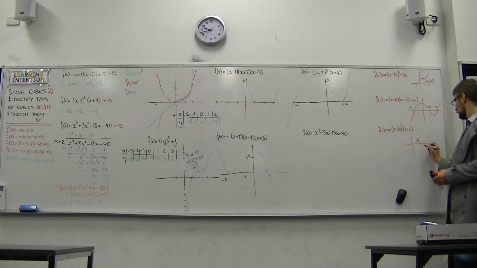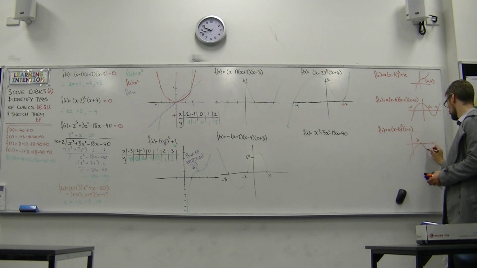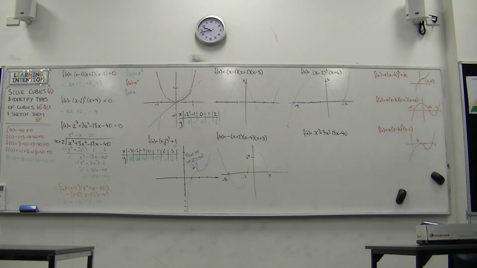So if you've got a squared factor, you're going to bounce off the axis.